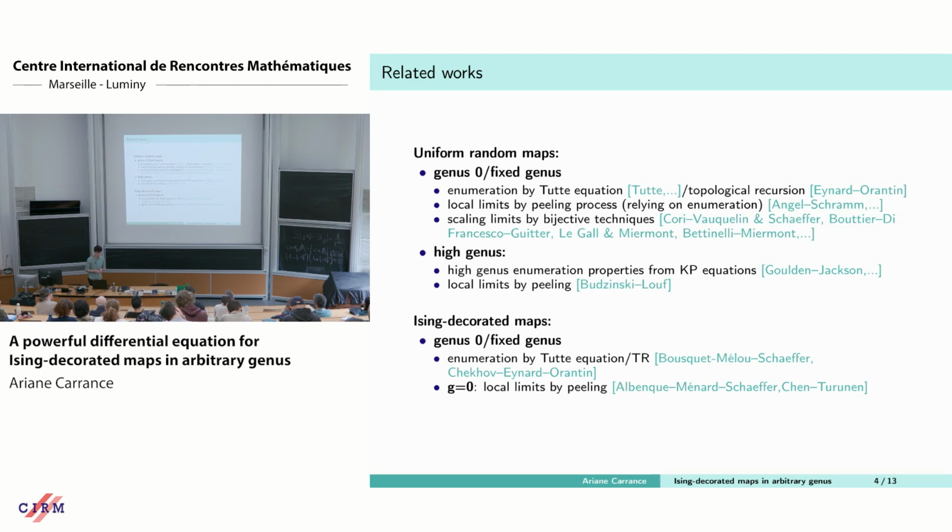And for genus 0, you also have local limit results with similar techniques as in the uniform map case. So basically, the work that I'm presenting today is filling in, well, not completely filling in, but starting the study of the high genus regime in a model of non-uniform maps.